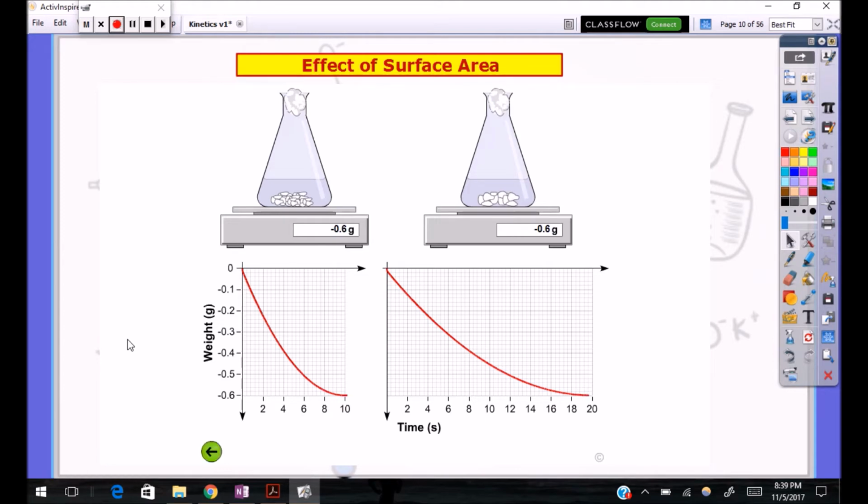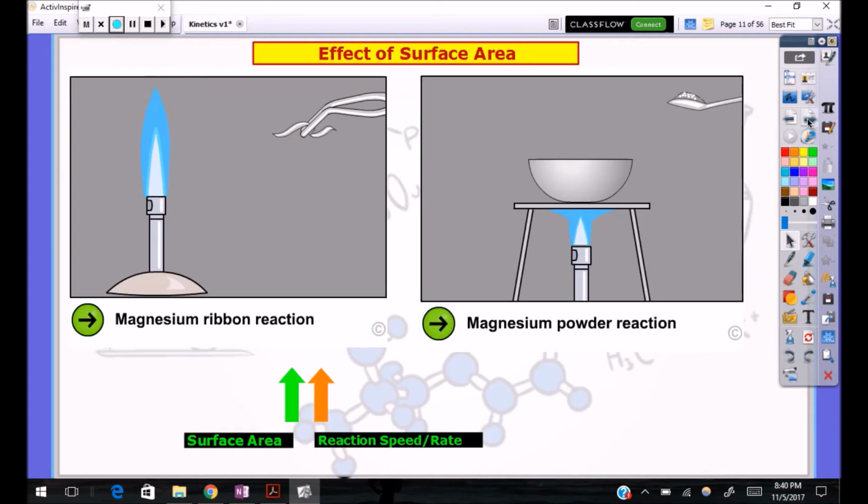And it takes almost double the amount of time for this reaction with the larger chips to take place, because there's not as much surface area. When you break them into tinier chunks, it works a lot better. Okay. Here's another one. So we've got magnesium ribbon. So here's a big piece of magnesium ribbon.